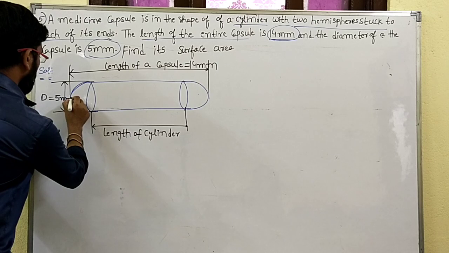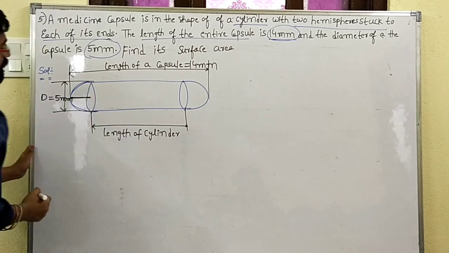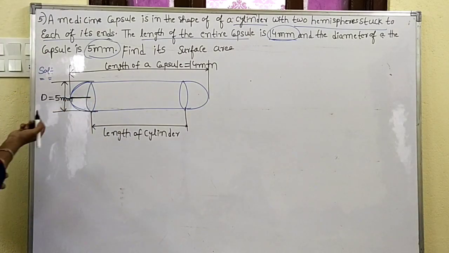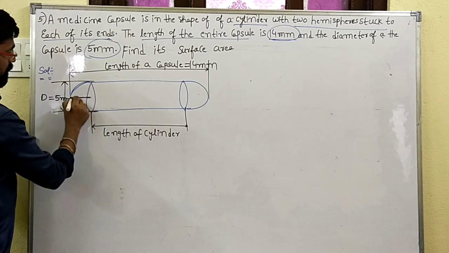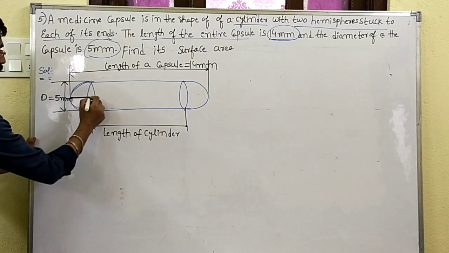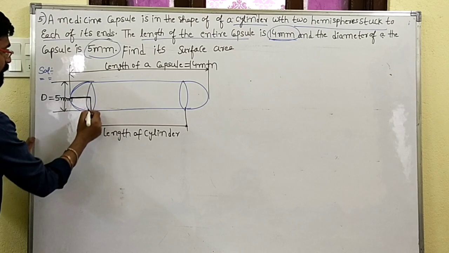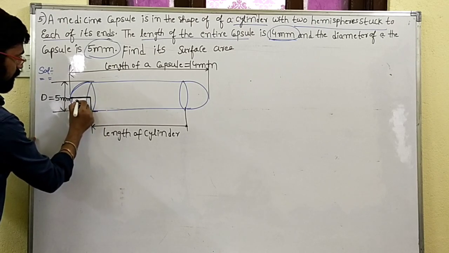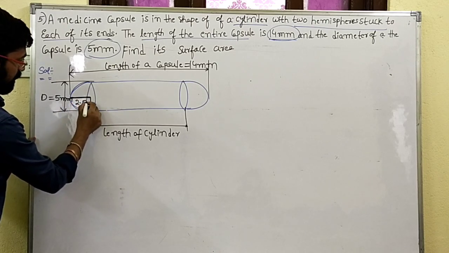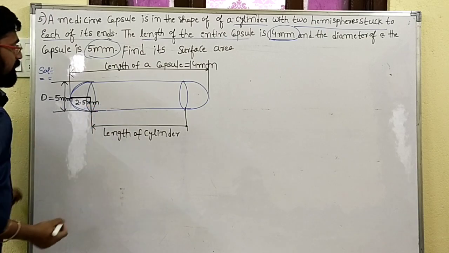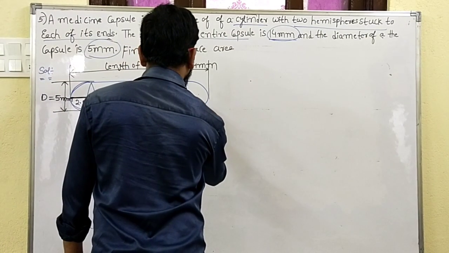So from here to here is also the radius. Okay. So the radius will be, this is total 5, so the radius will be 2.5 mm. Here also 2.5.